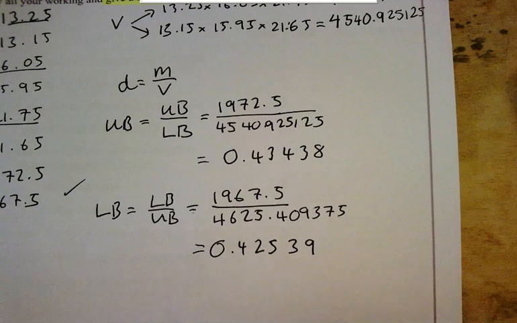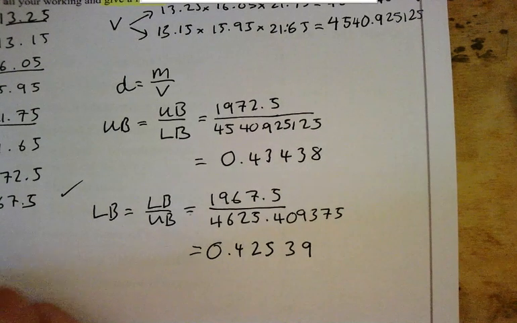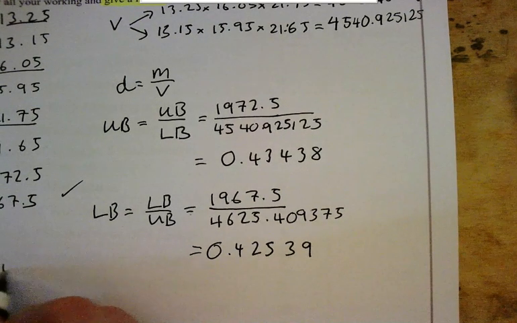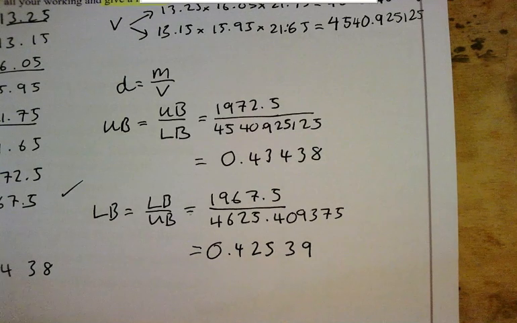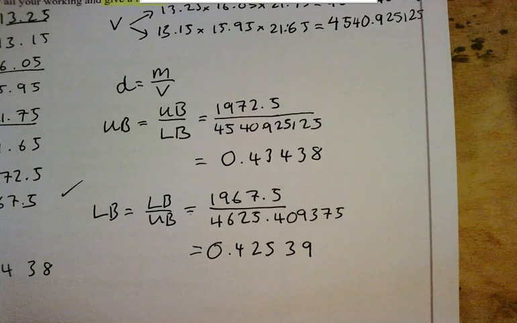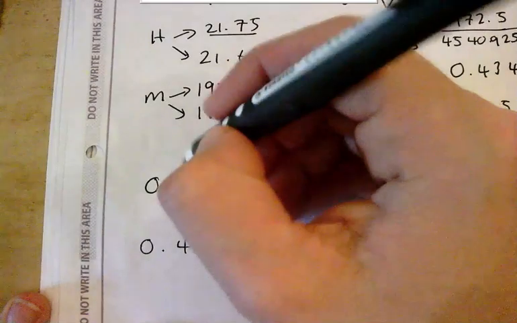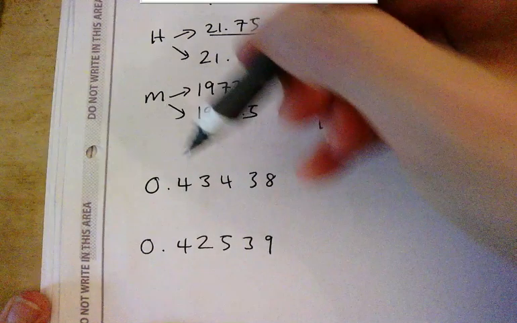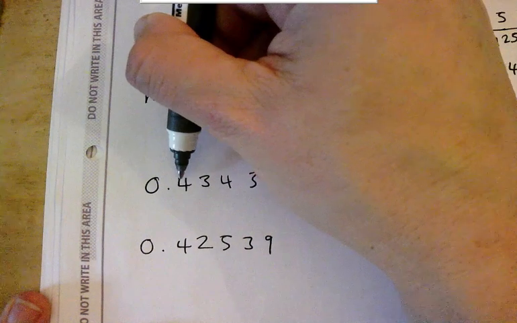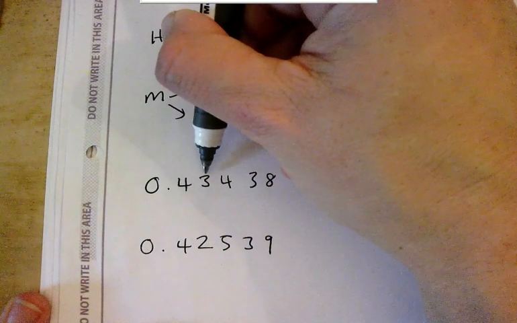I'm now ready to move to deciding what would they both round to. So I'm going to write them on top of each other. So I've got 0.43438 and 0.42539. I want them to both round to the same thing. I can see they'd both round to 0.4, but I'm going to try and go a bit more accurate. Let's go to 2dp.